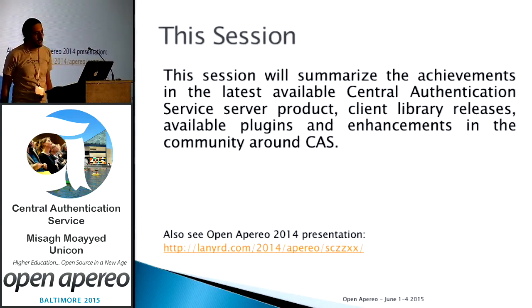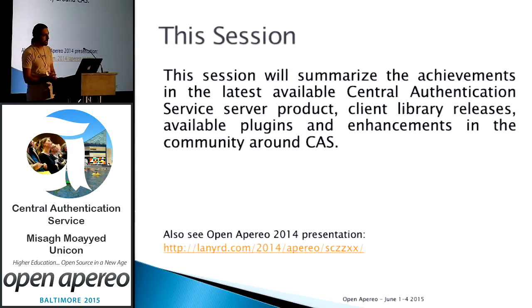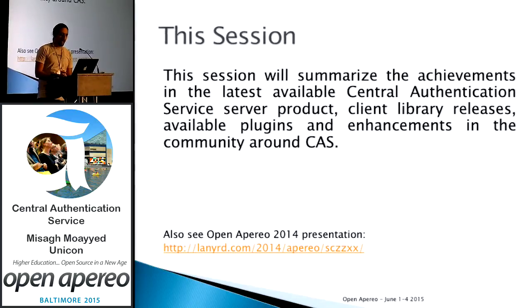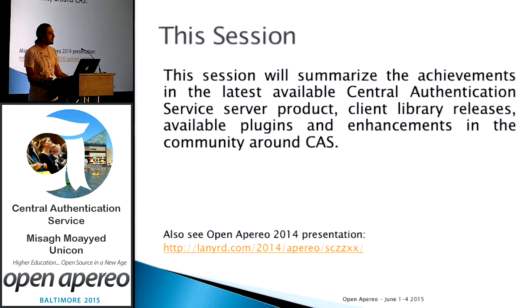We'll focus on history, available releases, upcoming releases, changes in the client landscape, and other news that has come about in the CAS community since then. This is, in some ways, a continuation of the last presentation that was done at Apereo last year.